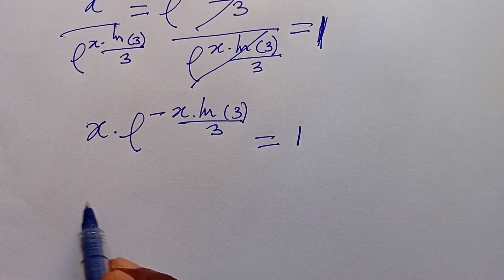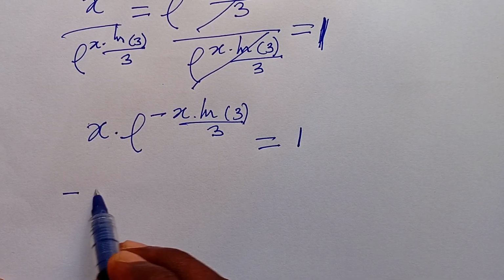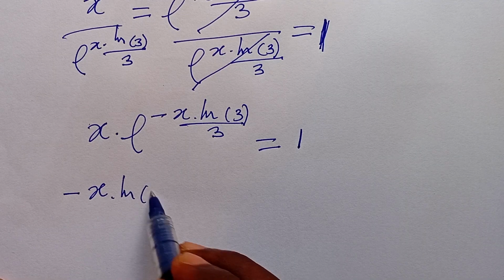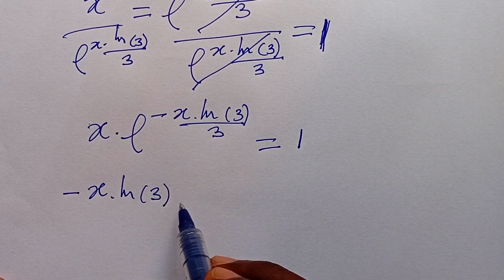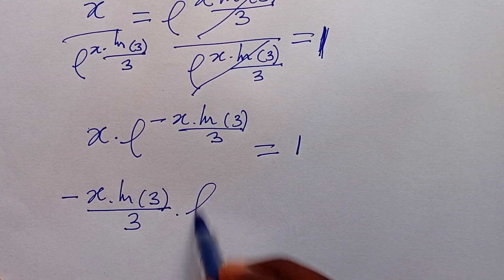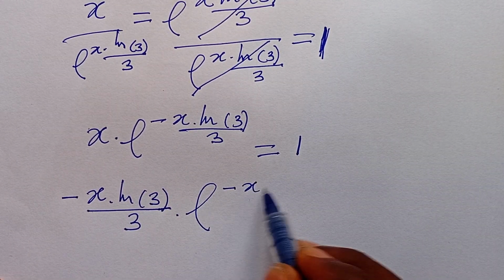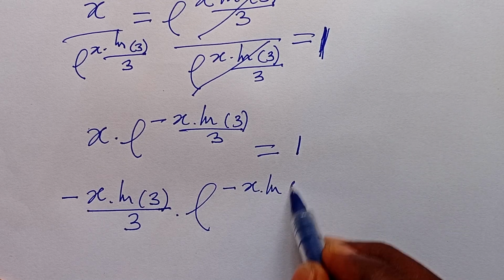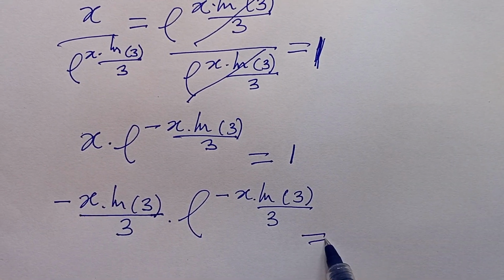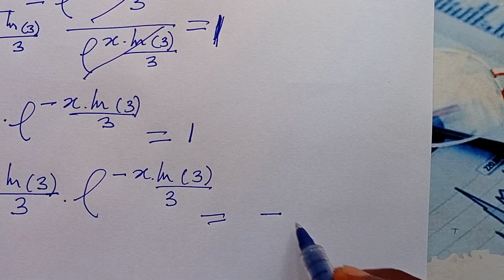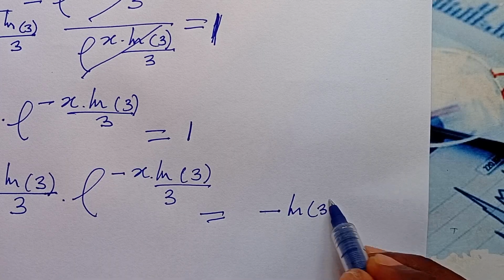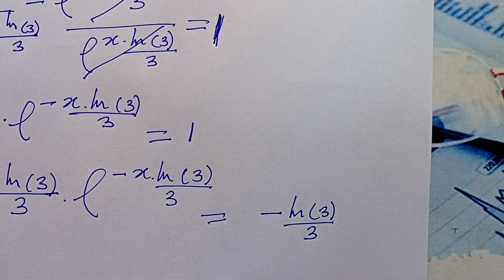If we do that, this is going to give us minus x times ln of 3, all over 3, times e raised to minus x times ln of 3, all over 3, equal to minus ln of 3 all over 3 also.